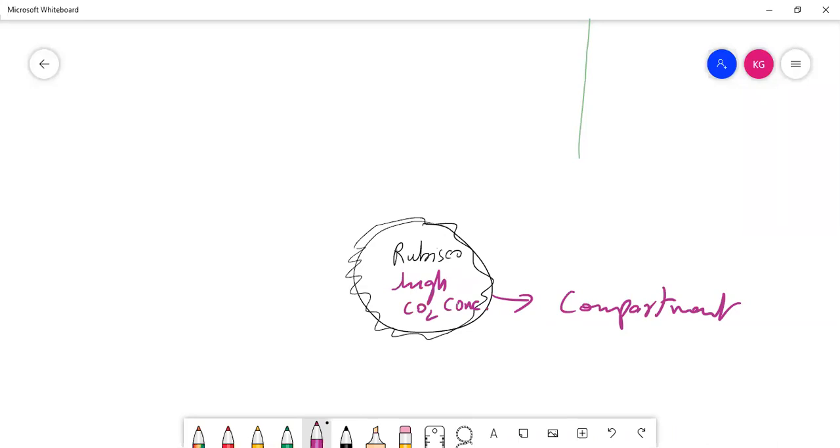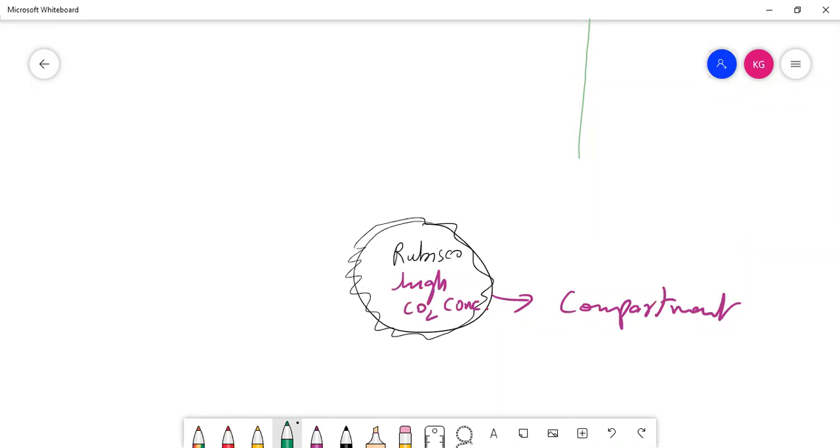Now the question is, I'm just telling you, we have confined Rubisco to a compartment and artificially maintain high CO2 concentration. How do we maintain this CO2 concentration? You have to remember, we maintain this high CO2 concentration through a set of carboxylation and decarboxylation reactions.